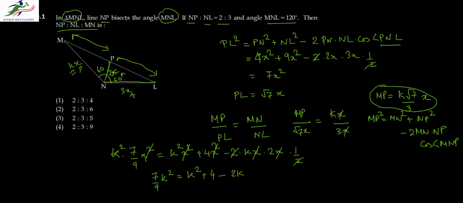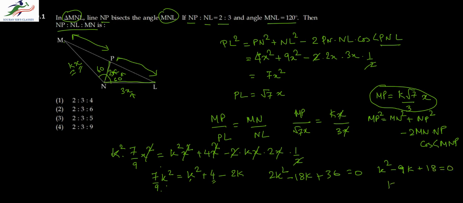And from this we can get, multiplying by 9, 9 k square minus 7 k square will be 2k square, and then we have minus 2k into 9 is minus 18k, and plus 4 into 9 would be plus 36 is equal to 0, or we get k square minus 9k plus 18 is equal to 0.